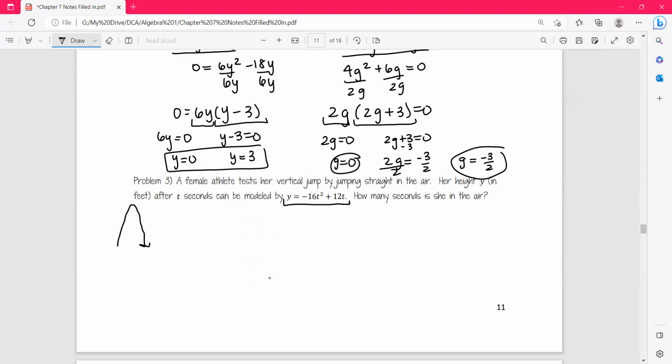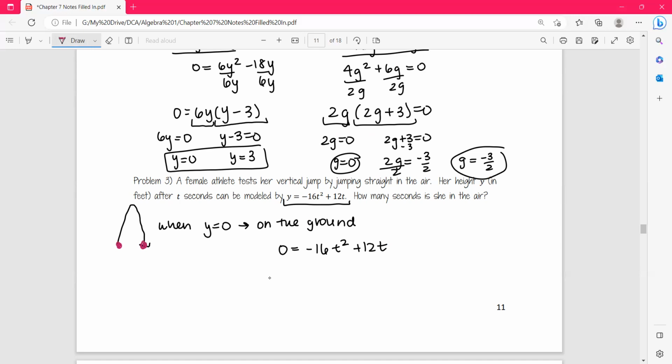So when the height is 0, where is she? On the ground. So I need to set this equation equal to 0 because that is where she's on the ground. How many times is she on the ground? She's on the ground at the beginning and at the end. That's why I'm going to get 2 answers here.